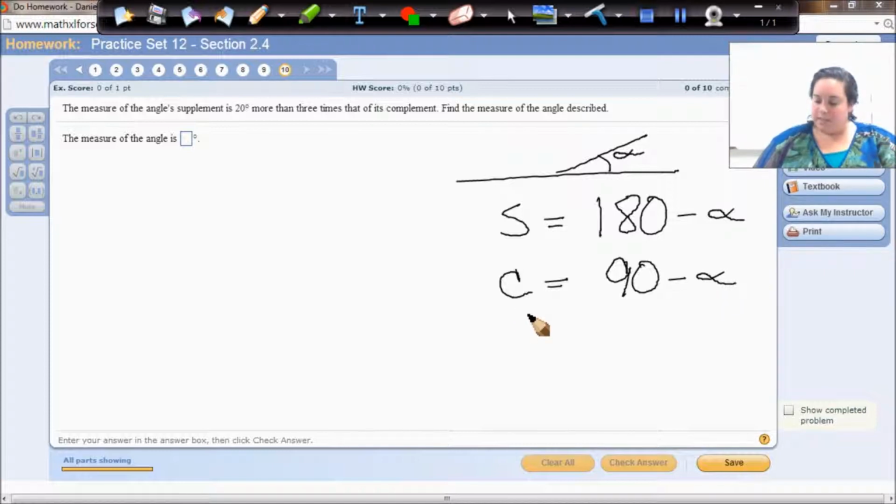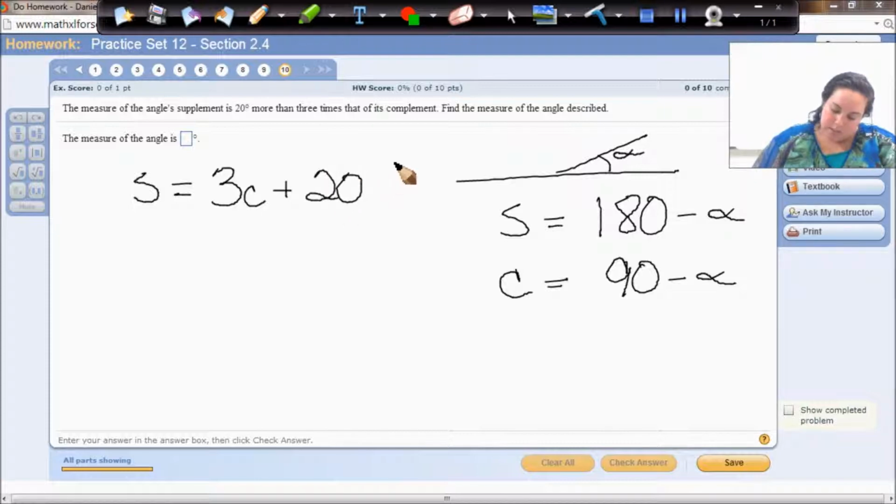The angle plus its complement is 90. All right, so we know what S and C are. We know that the measure of the angle's supplement, S, equals 20 more than 3 times its complement. So it's 3 times its complement, but 20 more than that, 20 degrees more. All right, find the measure of the angle described.